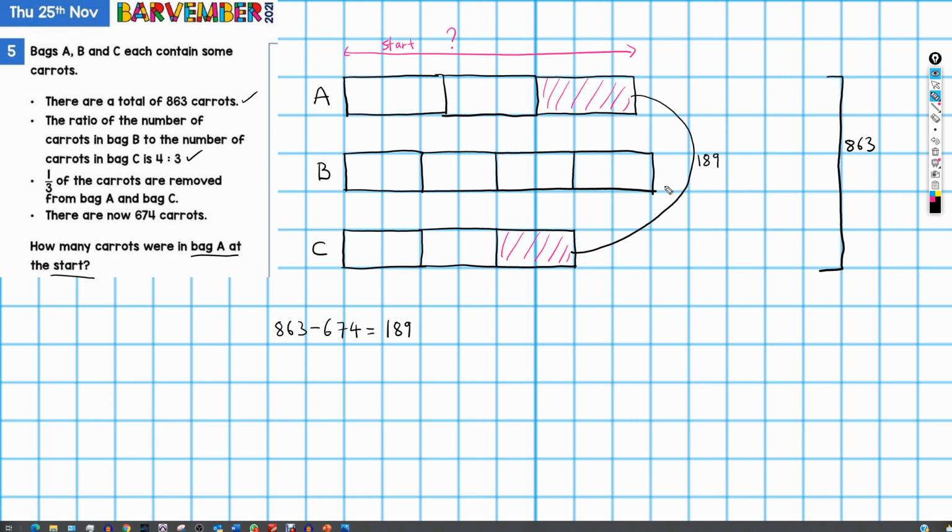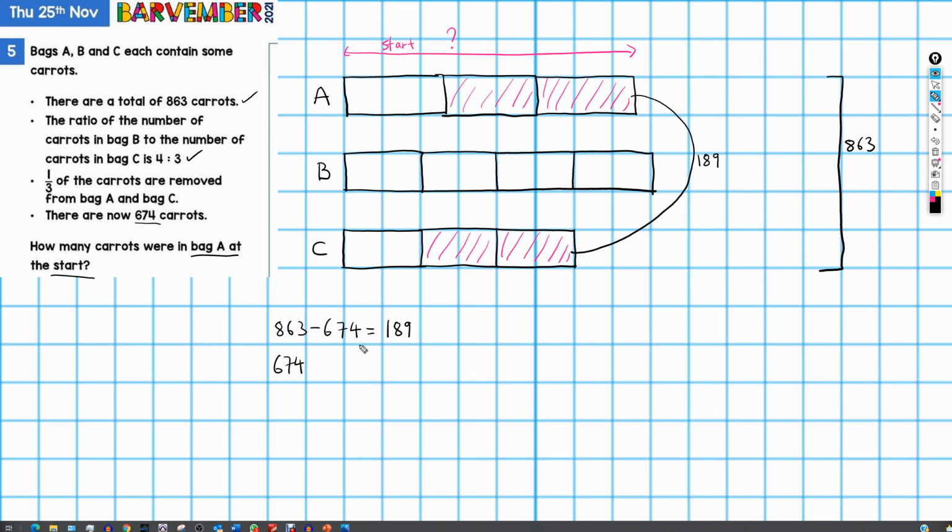Which then means I can do this. I can take another third away. So I'm going to take another one away. So that's that one and that one. We're going to take away those 2. So with my new total, I had 674. Okay, so I'm now down at 674.